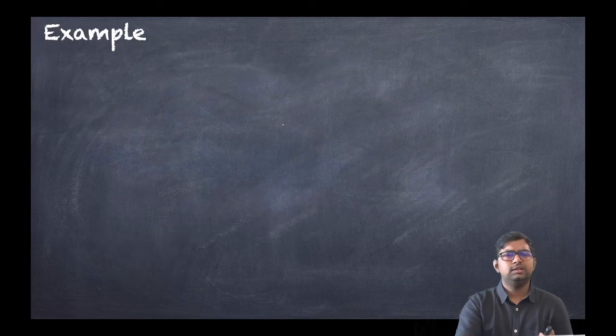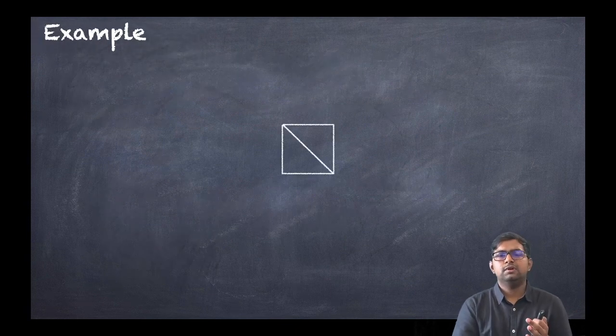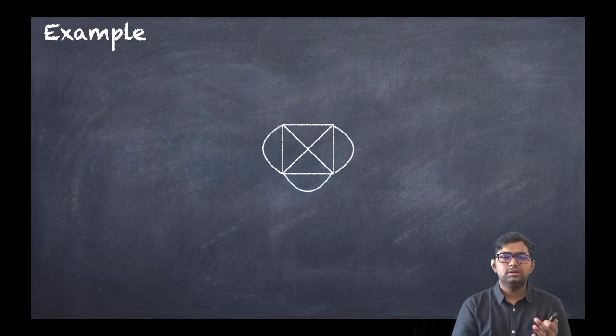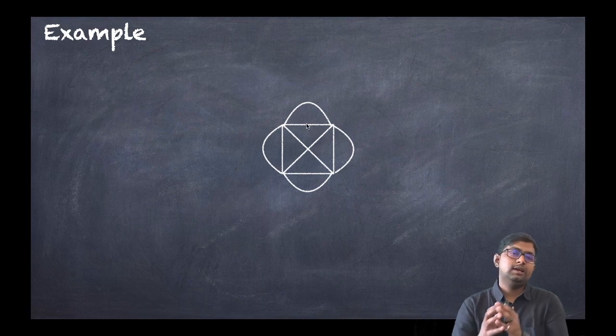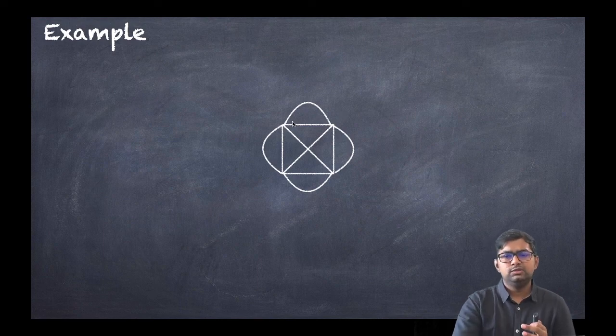Now let us discuss another example. You must have come across this type of figure in your schools, where you are asked to draw such a graph without lifting the pen. What does that mean? That means we need to cover all the edges.